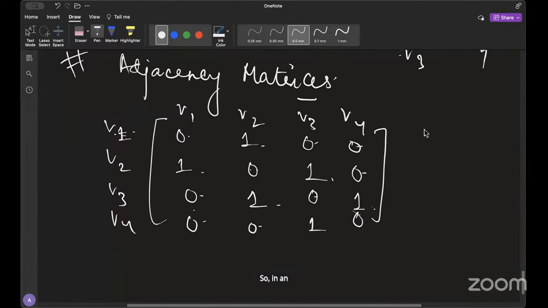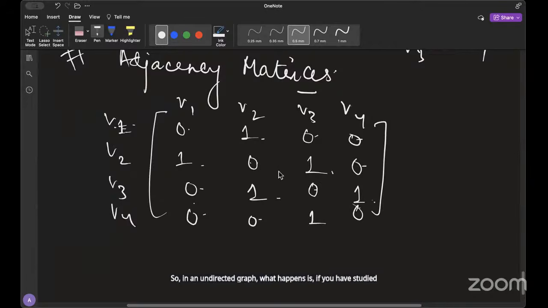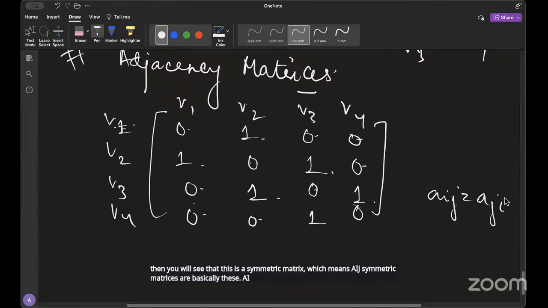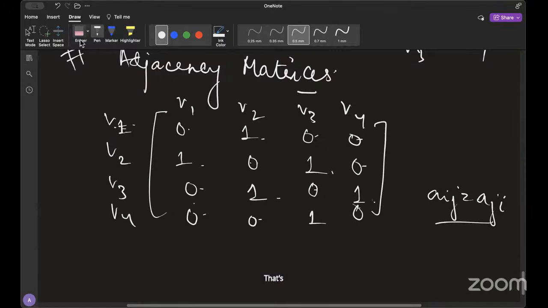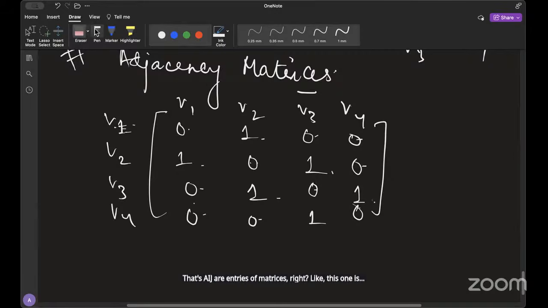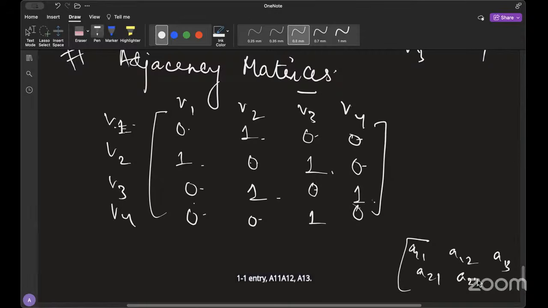In an undirected graph, if you have studied symmetric and skew symmetric matrices, you will see that this is a symmetric matrix, which means Aij should be equal to Aji. Aij are entries of matrices, like A11, A12, A13, A21, A22, A23, A31, A32, and A33.